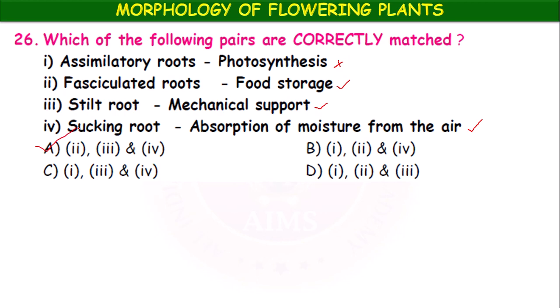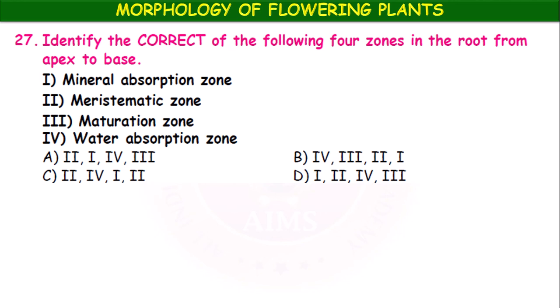So you have to analyze the options and select the answer. Same type: identify the correct order of the following 4 zones in the root from the apex to base.